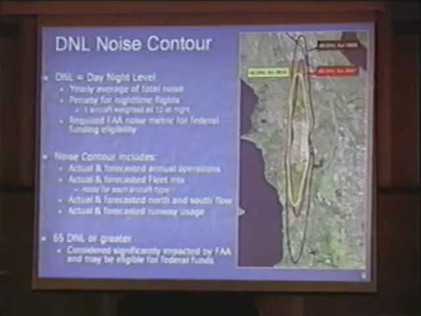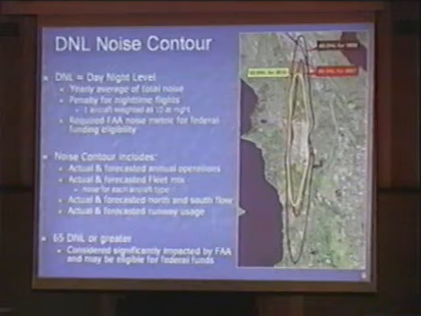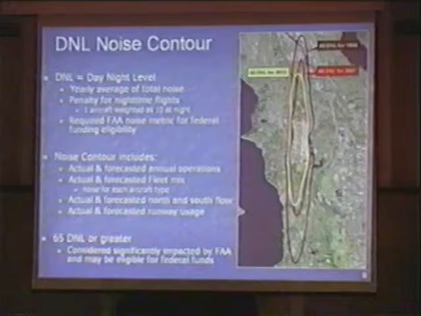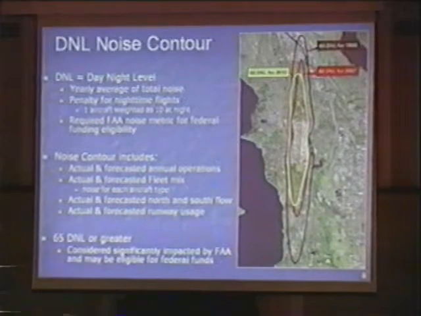Noise contours are produced out of what we call the integrated noise model, and all of the information that we have associated with the flights at the airport, in other words, what type of aircraft are flying at the airport, where those aircraft are flying, the north flow, south flow, the weather, everything associated with that is put into the integrated noise model, which produces the DNL contours.